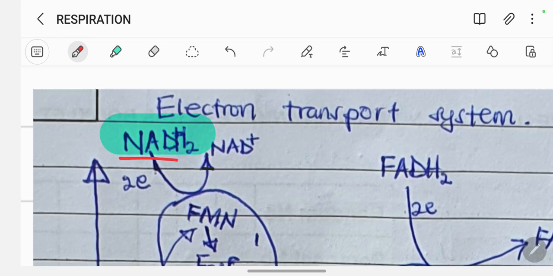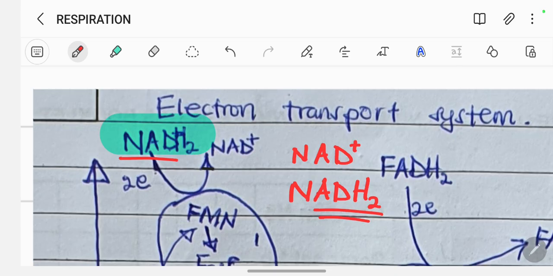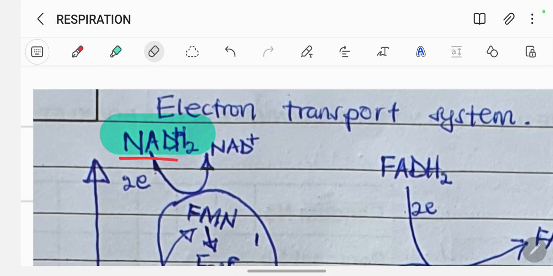When I say oxidized NAD, I mean NAD with a positive charge. Reduced, we know very well that reduction is addition of hydrogen. By the way, those are the terminologies we have to first look into.